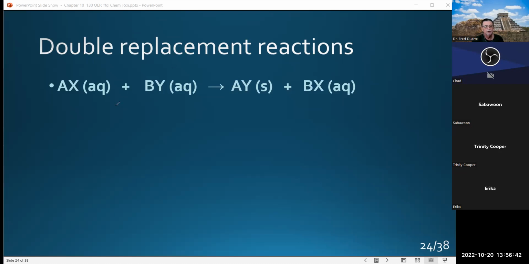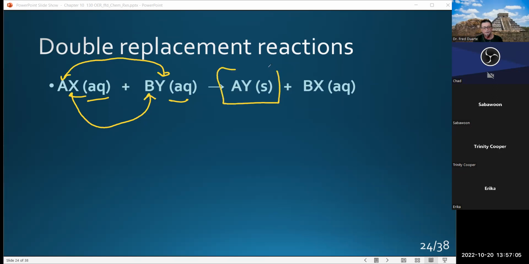And so note here, we had 2 different aqueous solutions, ionic compounds, and we put them together, and they just exchange partners. So the A now combines with the Y, and the B now combines with the X, to form the new species.